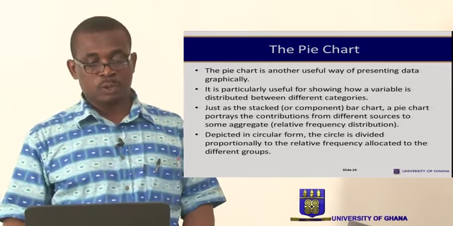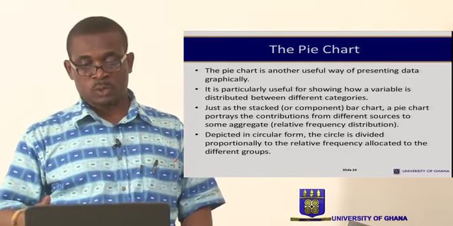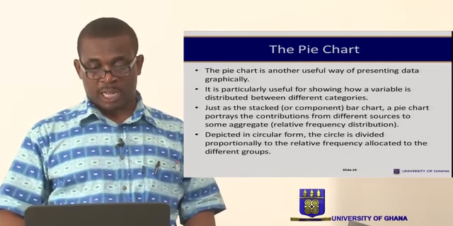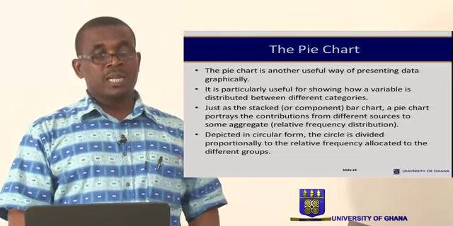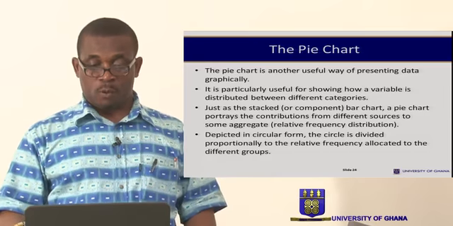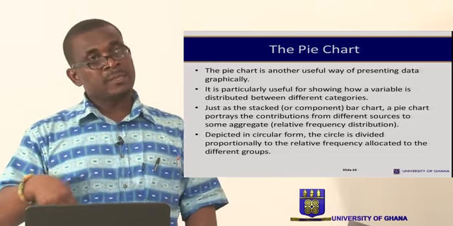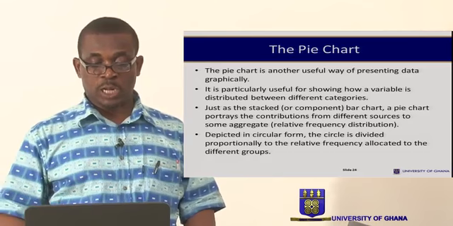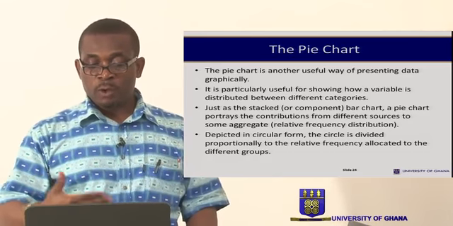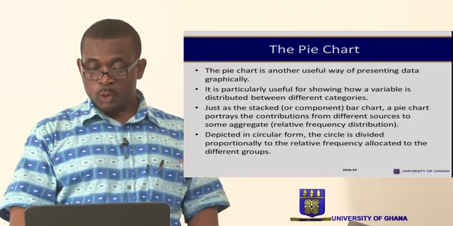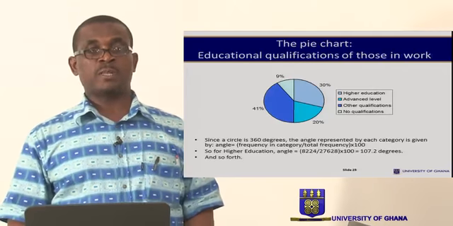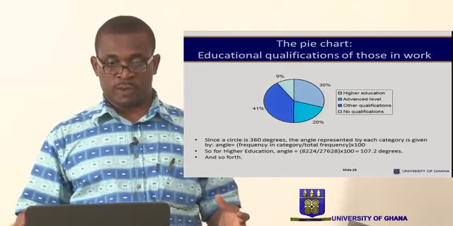It is similar to the stacked, or what is also called the component bar chart. Now, the pie chart is depicted in circular form, and the circle is divided proportionally to the relative frequency allocated to the different groups. So, let's illustrate an example with the same set of data.